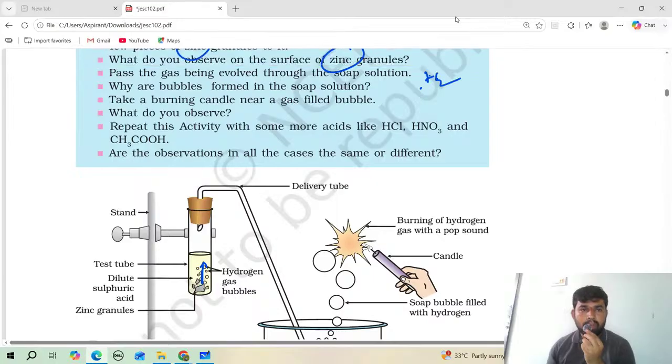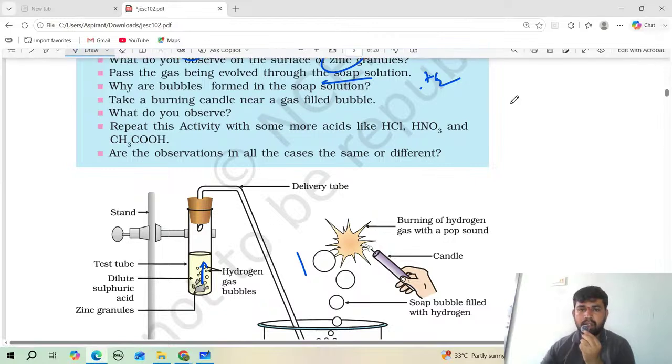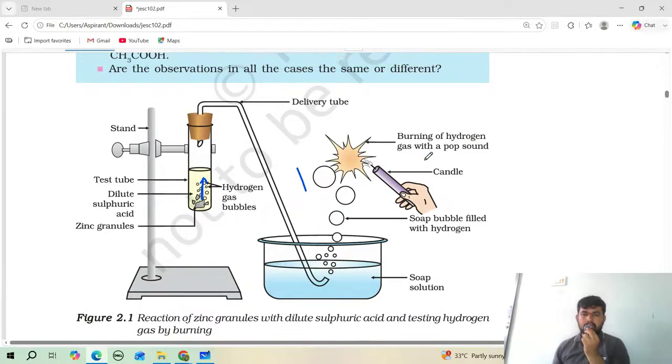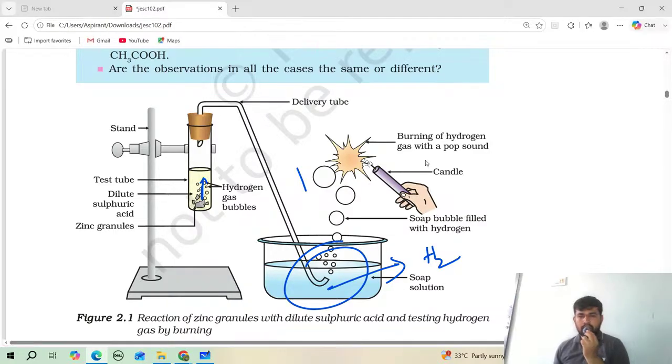Now see, pass the gas being evolved through the soap solution. When they pass this hydrogen gas through soap solution, it is used to trap the hydrogen gas, because hydrogen gas is insoluble in water.